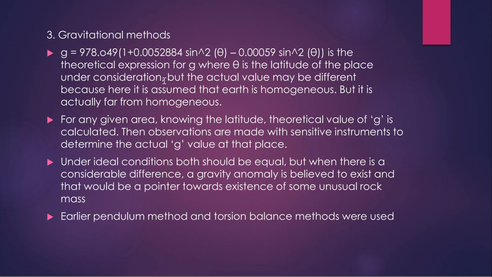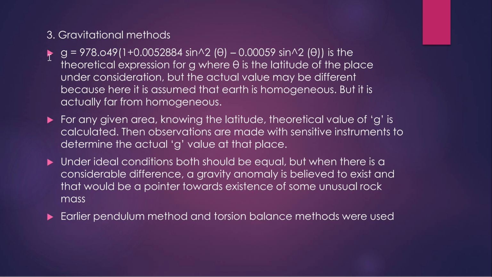Here theta is the latitude of the area under consideration, the area for which we have to find the G value. But the actual value of G may be different, because this expression is developed assuming that the earth is homogeneous.